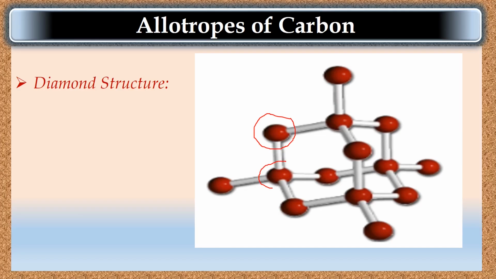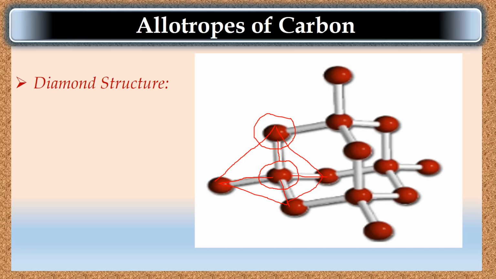If you take this carbon, it is attached with 4 other carbon atoms in tetrahedral manner. So this is the tetrahedral structure, tetrahedral geometry.